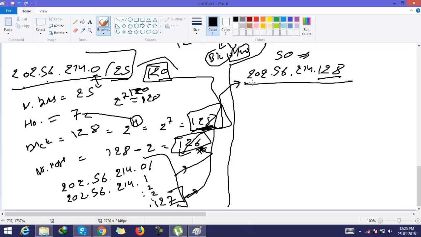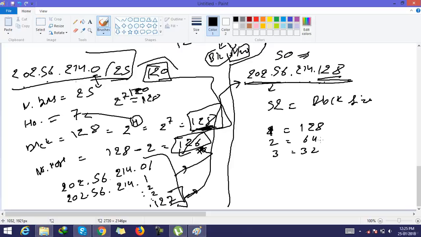So the network ID for this subnet is 202.56.214.128. Now we need 52 as a block size. If we borrow 1 bit, then the block size becomes 128. If we borrow 2 bits, then it becomes 64. If we borrow 3 bits, then it becomes 32.